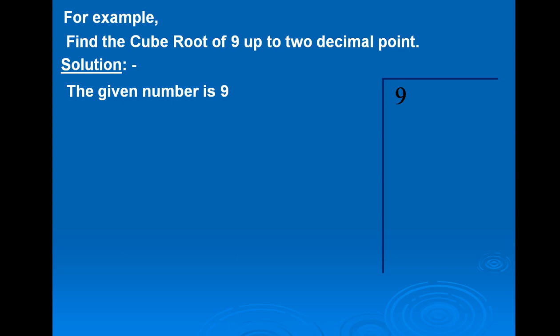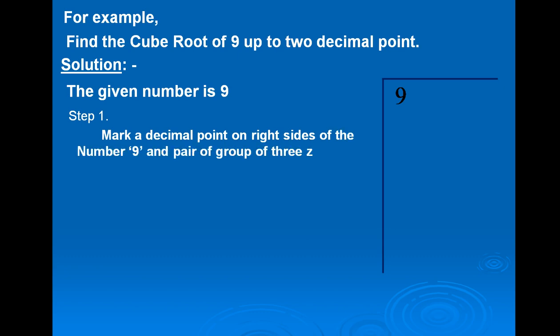To find its cube root, step 1: mark a decimal point on the right side of number 9 and a pair of groups of 3 zeros, because we have to find the cube root of 9 up to 2 decimal points.